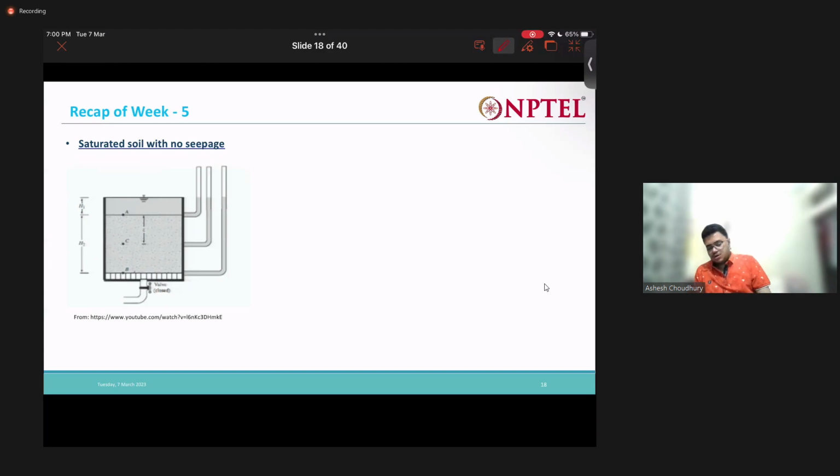Now here you can see that there is a soil mass, and in this soil mass there will be no seepage because the heads are the same at all the points, so there is no head difference. In that condition, let us find out the total stress, the pore water pressure and the effective stress at all the points.